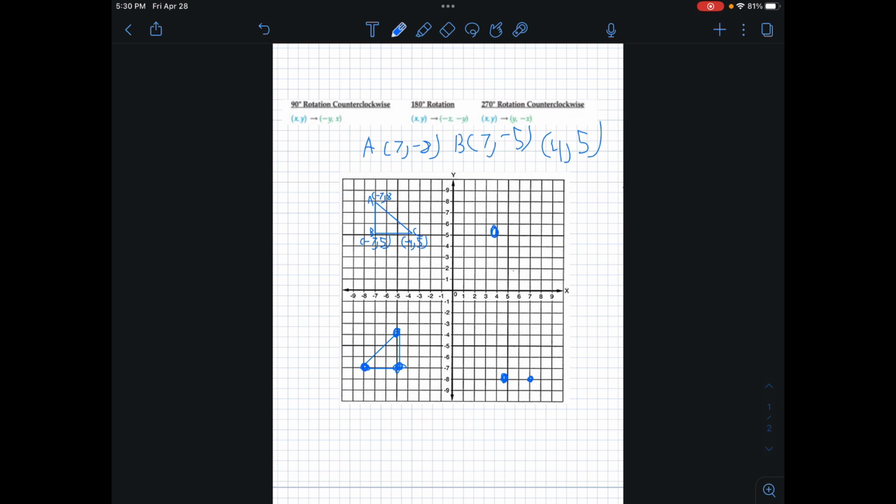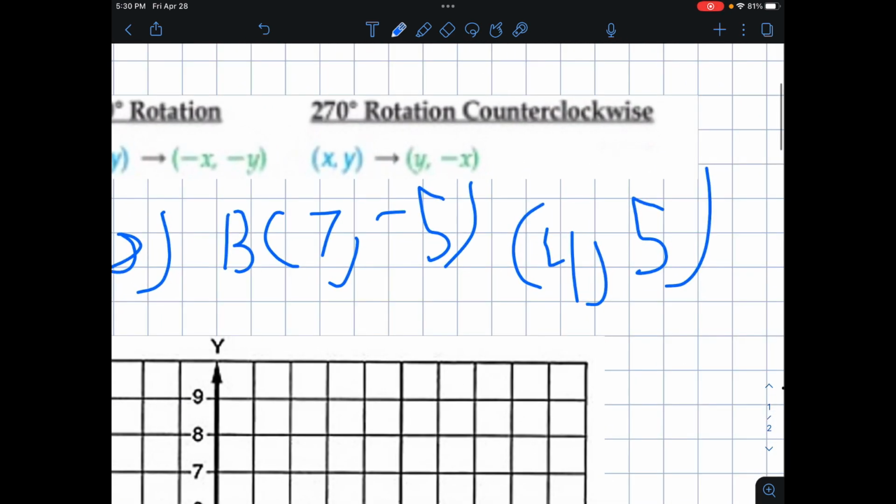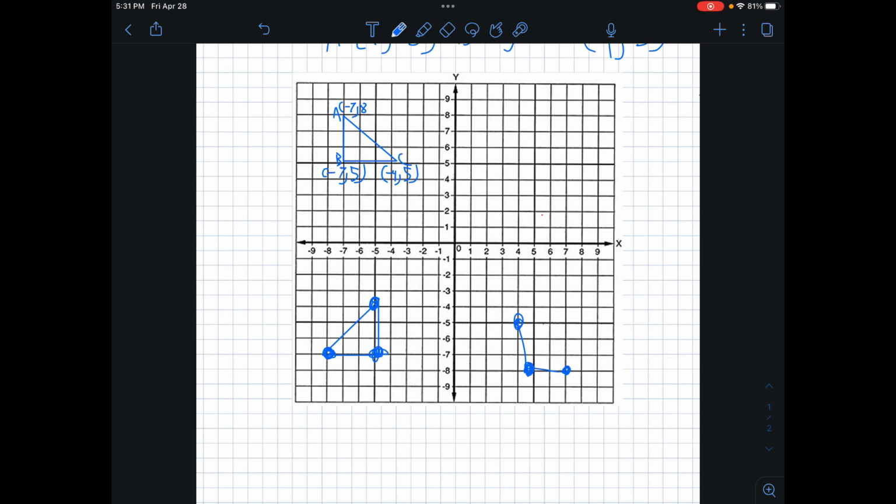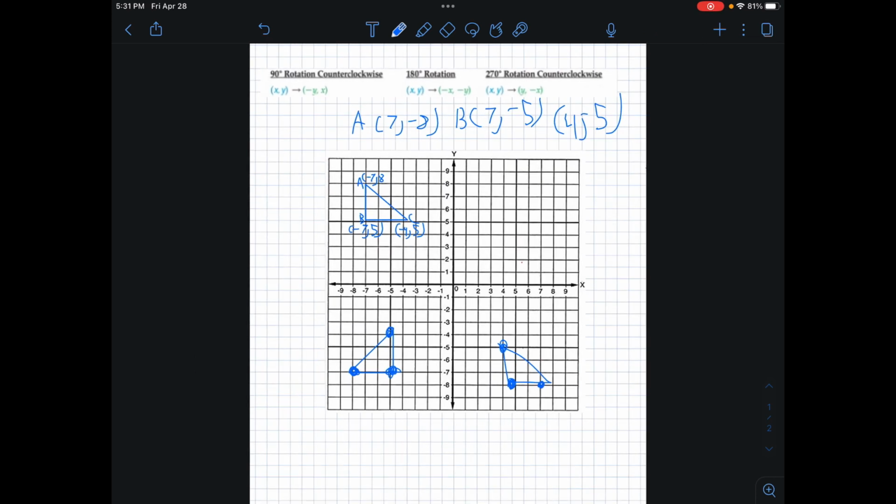Oh, wait, no, it won't. I meant that to be negative 5, sorry. For negative 5. There we go. And connect them up. And that's our second one. It's pretty much all just moved right here.